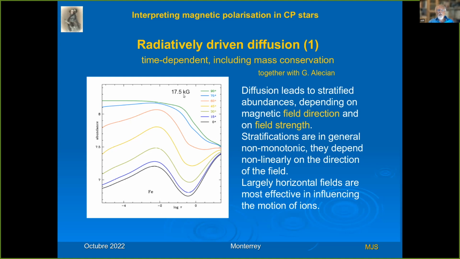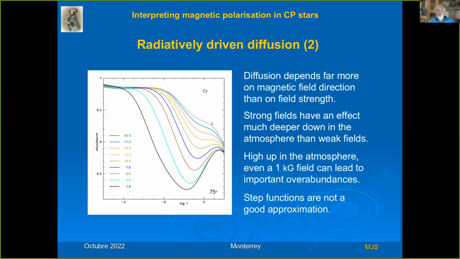So for example, here it's a 12,000 Kelvin atmosphere, and there's a magnetic field of 7.5 kilogauss. And there you have the different inclinations of the magnetic field with respect to the stellar surface. So in black, it's the horizontal, to the normal.